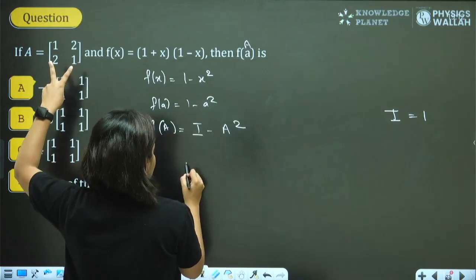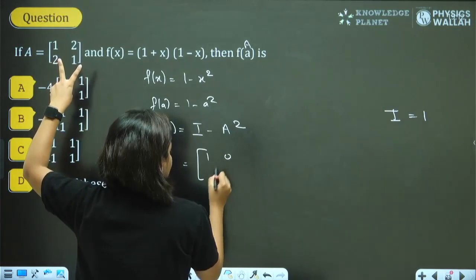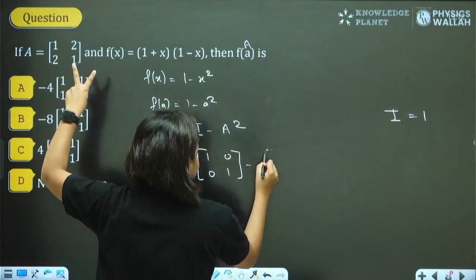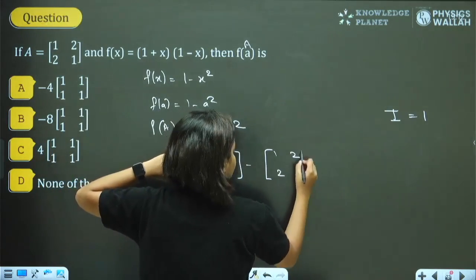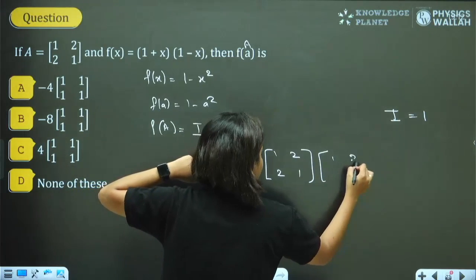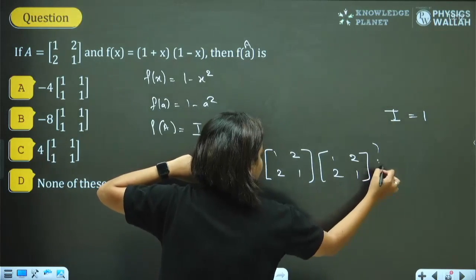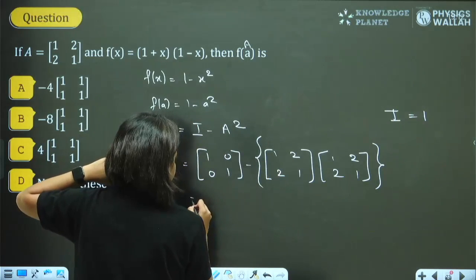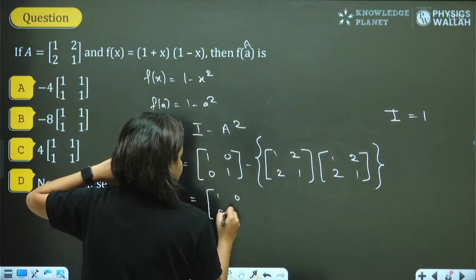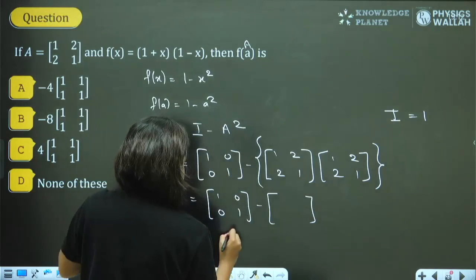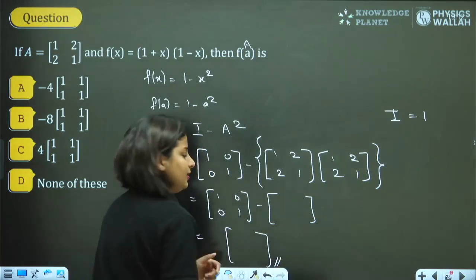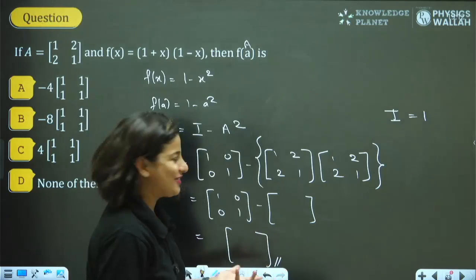The question is actually you have to subtract A square from identity matrix. 1, 2, 2, 1. Everybody, now your power of multiplication should be seen. Firstly, the multiplication will happen and then the subtraction should happen, of course, right, to get the answer. So, power of multiplication and subtraction both.